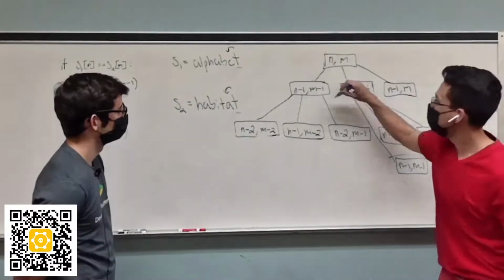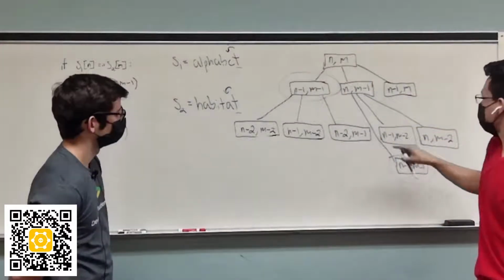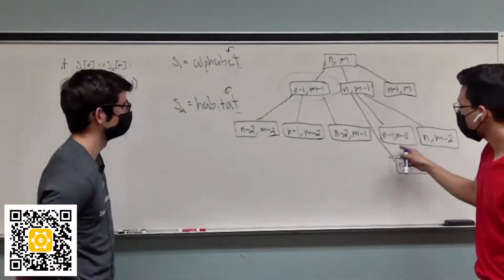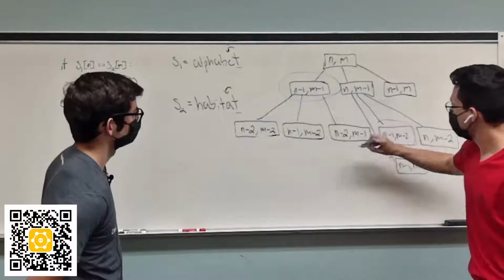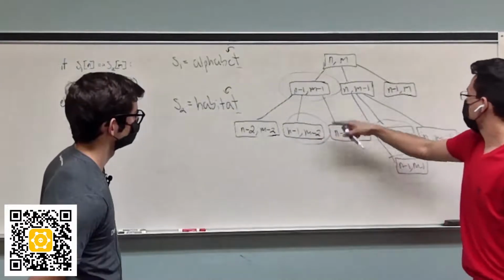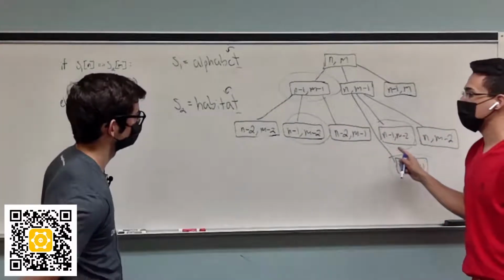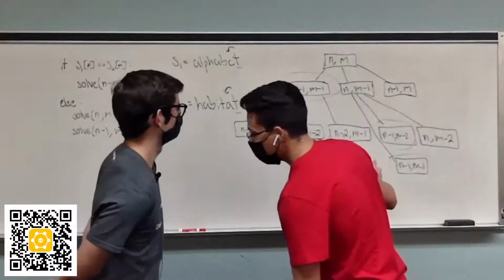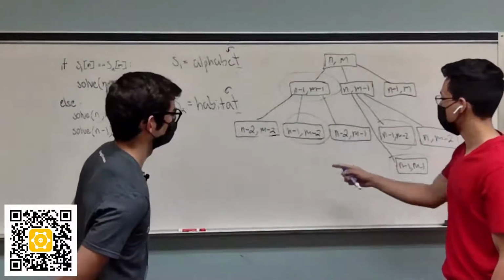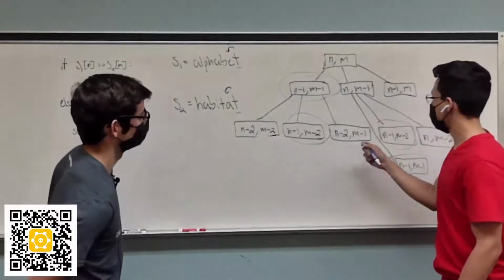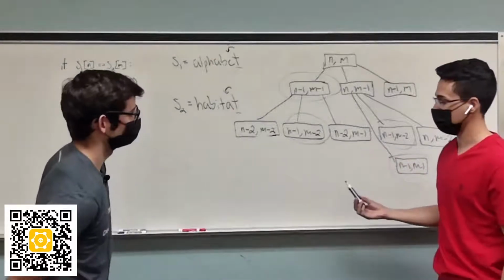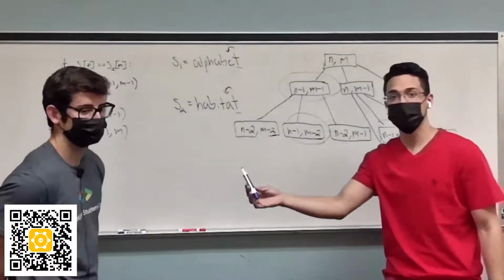We already saw this, look. They're repeating themselves, and also this one, and this one. You're recalculating the values, so you're calculating it multiple times. And that's inefficient. That's the point.